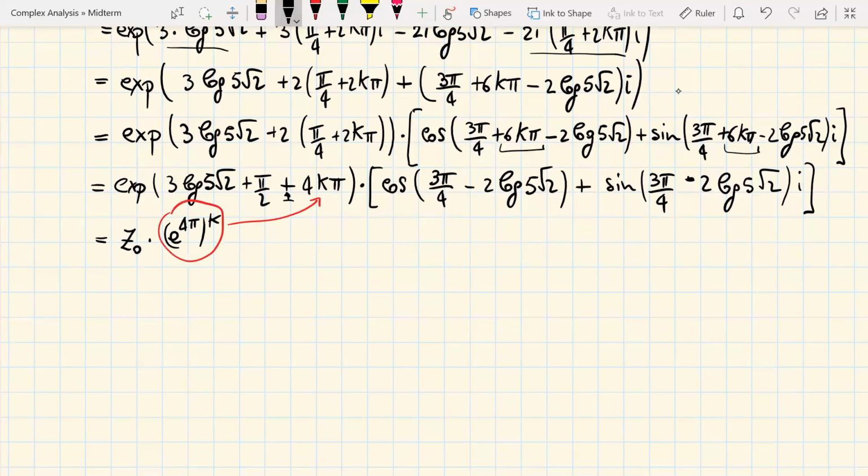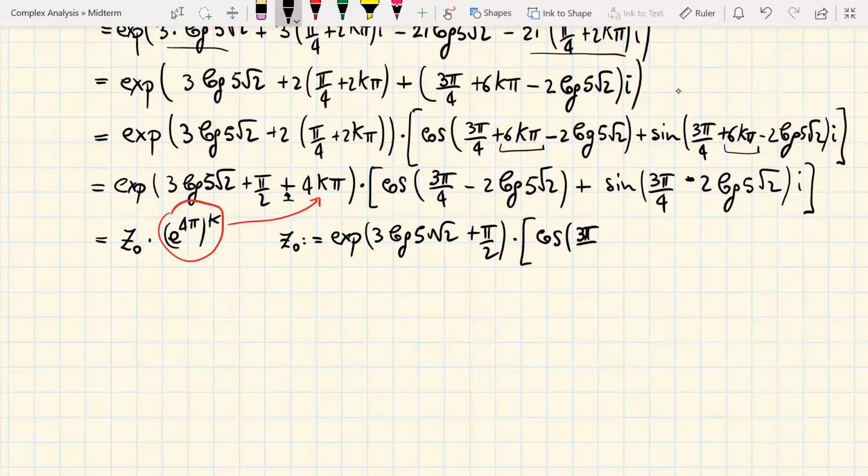And what is z0? z0 is just a complex number with a norm exp of 3 log 5 square root of 2 plus π over 2, and the polar part is cosine of 3π over 4 minus 2 log 5 square root of 2.